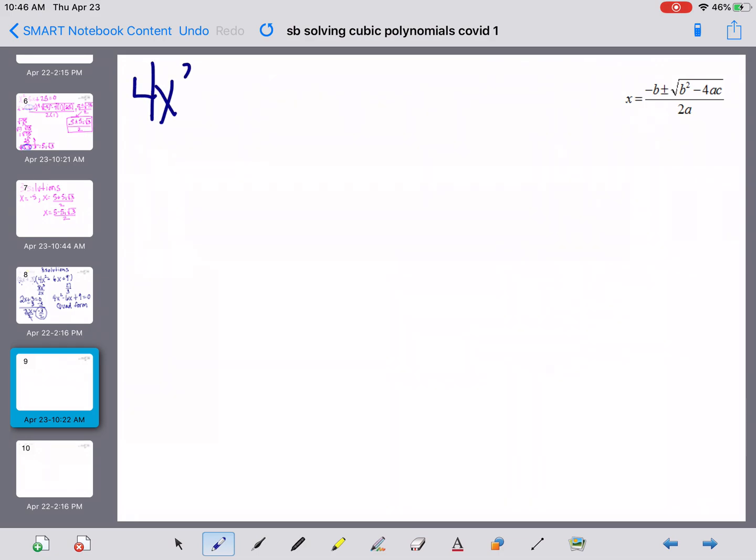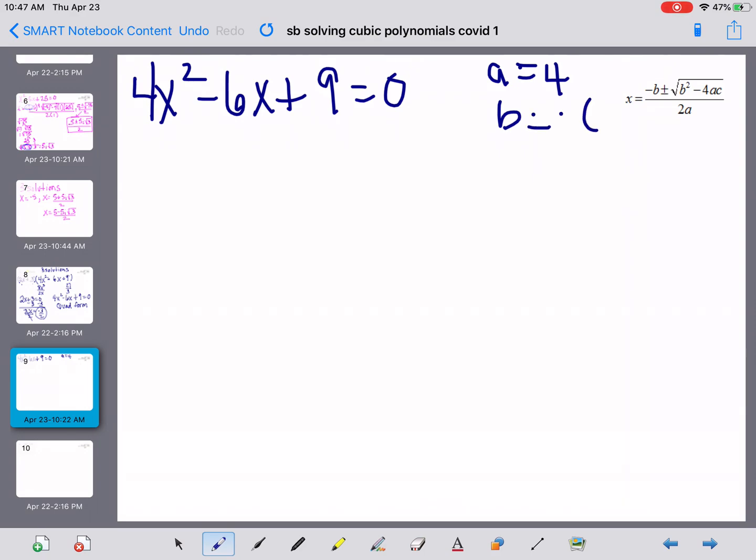4x squared minus 6x plus 9 equals 0. And when we identify here the fact that a is 4, the number in front of the x squared term, b is -6, and c is 9, we're going to fill those values into the quadratic formula. So write those down because I may have to erase them again.